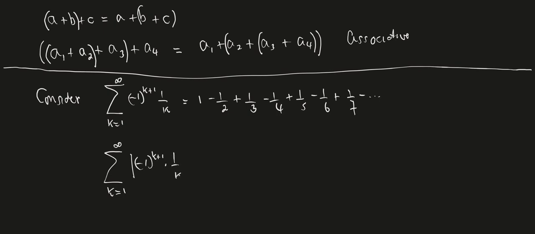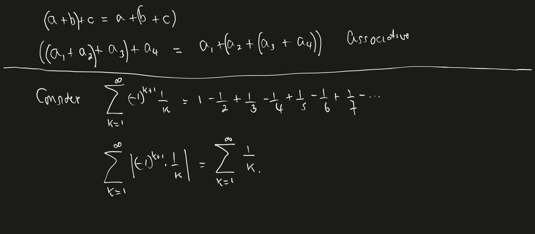I like working with these simpler ones because it's good practice. It gets us using our different tests and recognizing the different series. But when we take the absolute value of the alternating harmonic series, the alternating property goes away. It's no longer alternating.